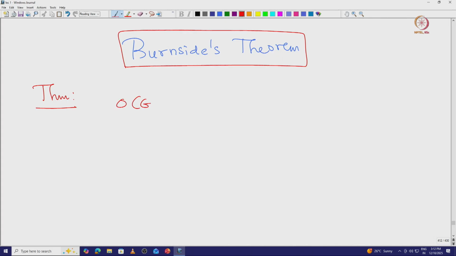So, let us take the group which has order p power a q power b, with p and q primes.